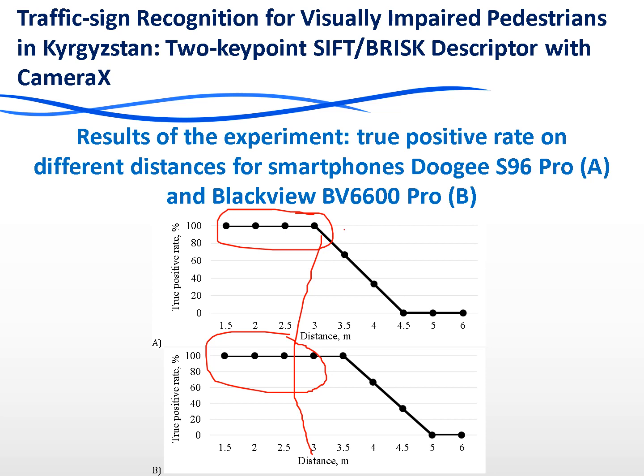And then we have a reduction of this rate. Anyway, true negative rate is 100% for all experiments we did in the Naryn city. In other words, we don't have wrong recognitions in our experiments.